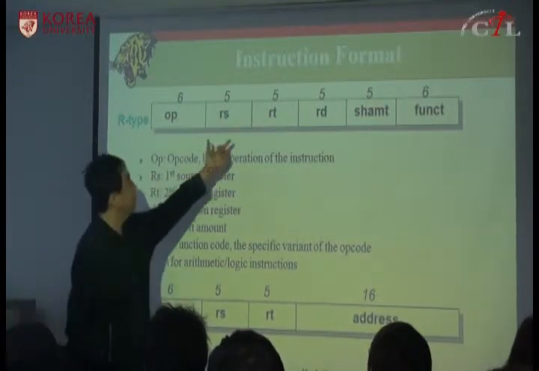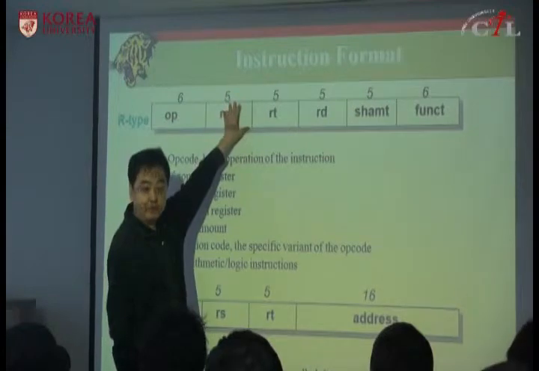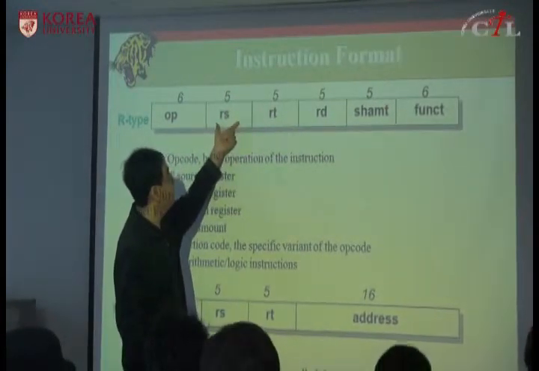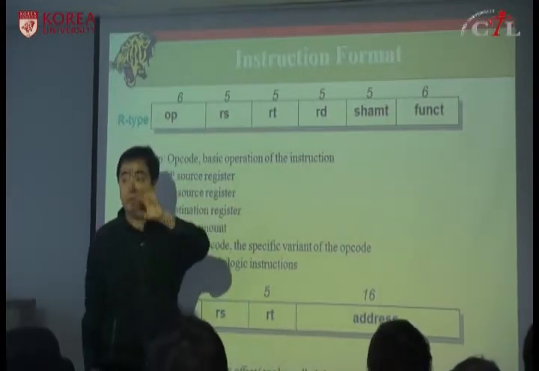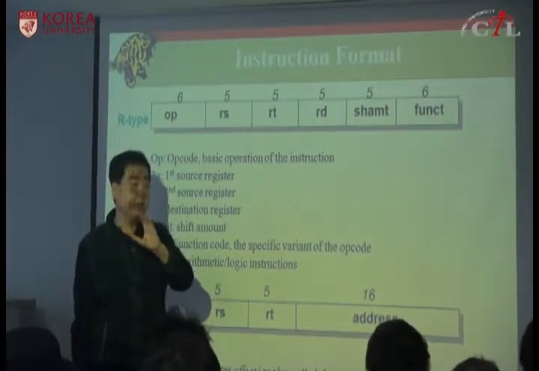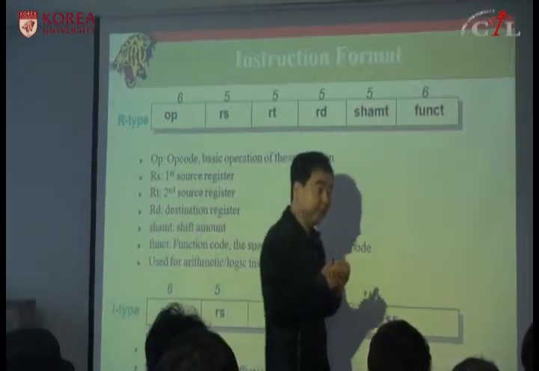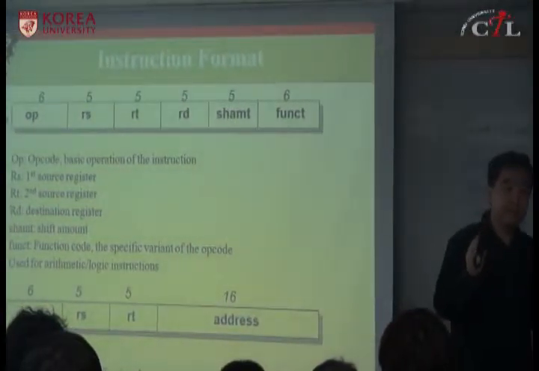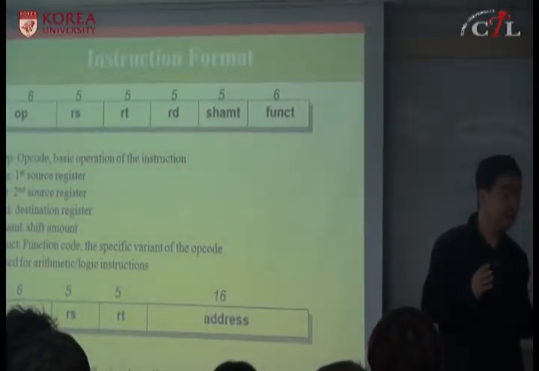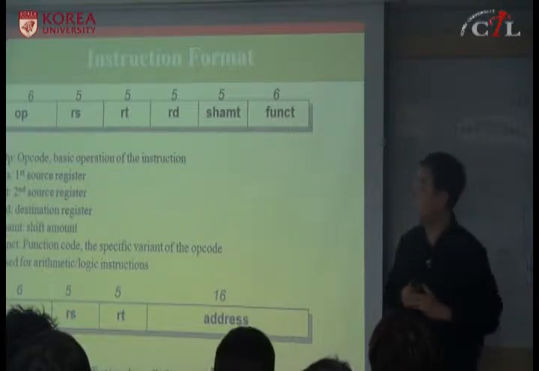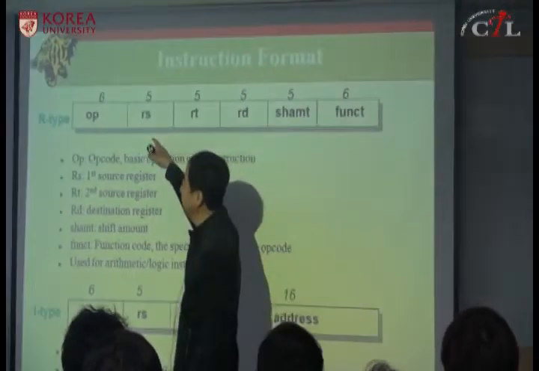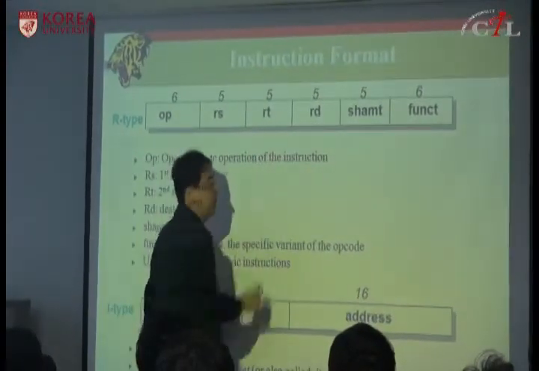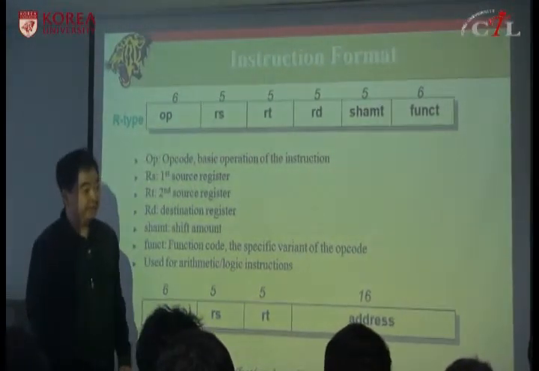RS and RT are the sources: the first register source operand and the second register source operand. Each register operand contains 5 bits. So using the 5 bits, you can specify 32 registers, right? Because there are 5 bits, and MIPS contains 32 registers. Okay? So you can specify one of these 32 registers as a first source, second source, and the third register operand becomes the destination.